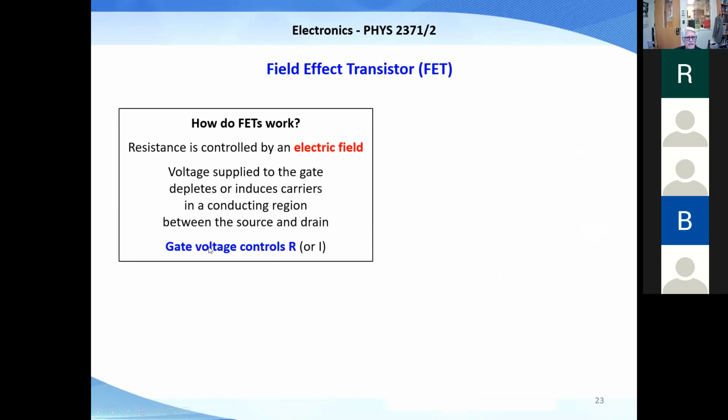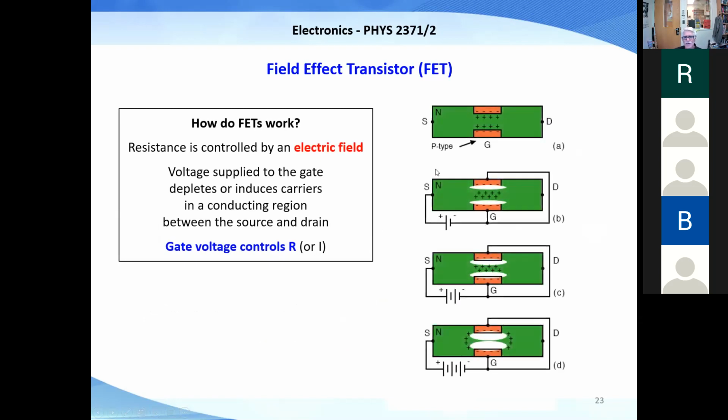Okay, the gate voltage controls the resistance. So here's an FET. The green is N type, and the orange color here is P type. So you have p-n junction regions here, so you're going to have depletion regions.